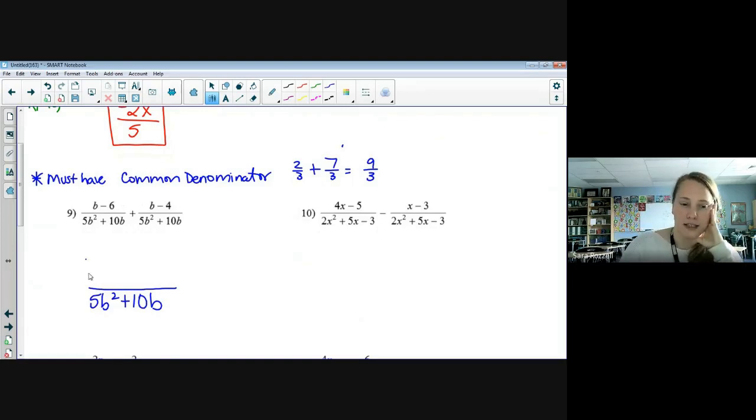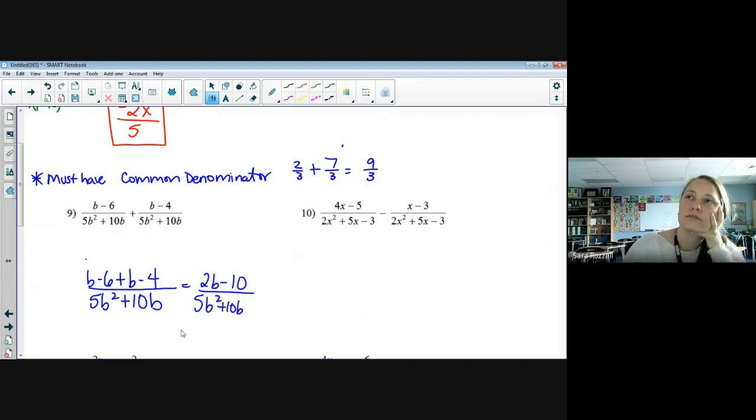So I've got b minus 6 plus b minus 4. And we're going to combine our like terms. So that makes 2b minus 10 over 5b squared plus 10b.